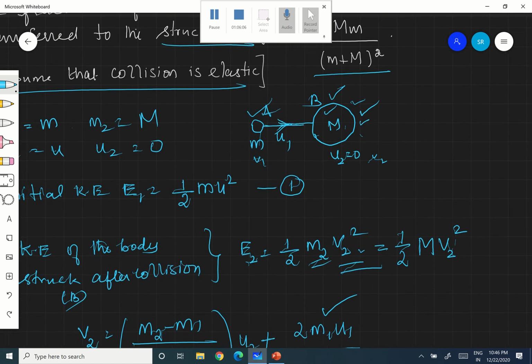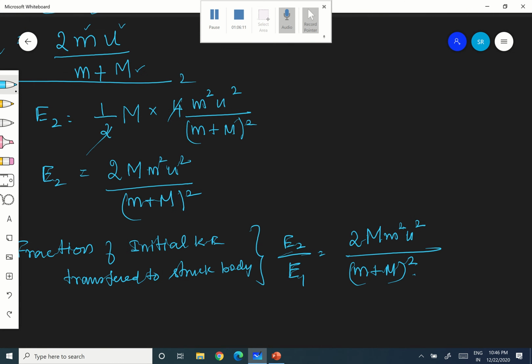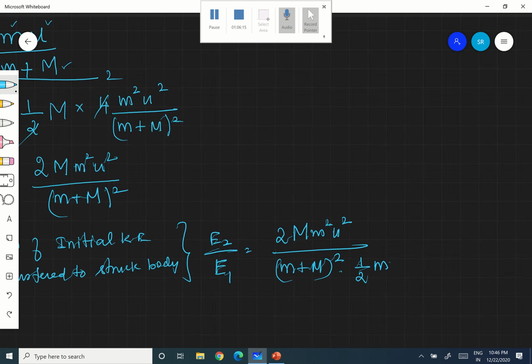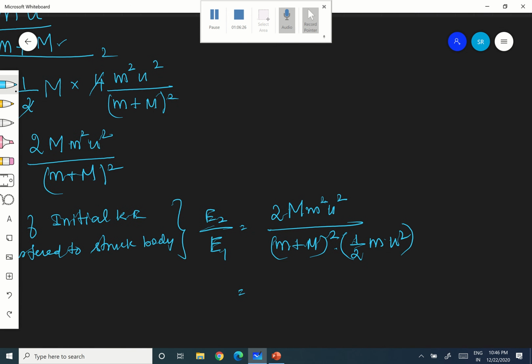We have already found out everything now. E1 is half m U squared. Therefore, here you see half m U squared, this and this will go.